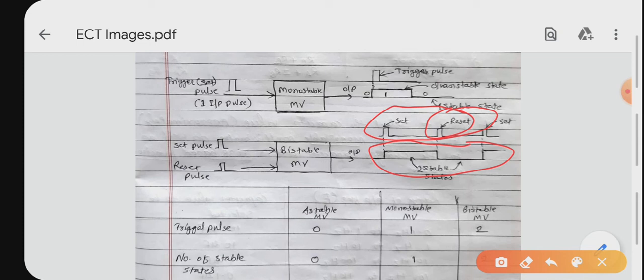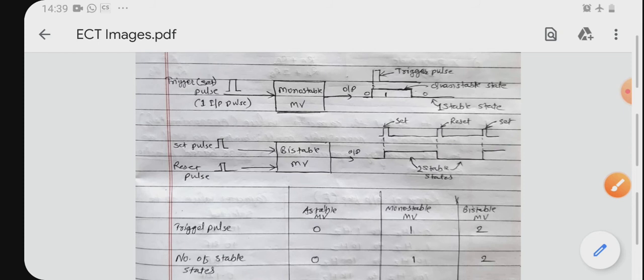Once the reset pulse is applied, it will change the state, and it will remain into this changed state unless and until you apply set pulse again. Okay, so by application of the set and reset pulses, the output of the bistable multivibrator can be changed from one state to second state. That's why it is called as a bistable multivibrator.